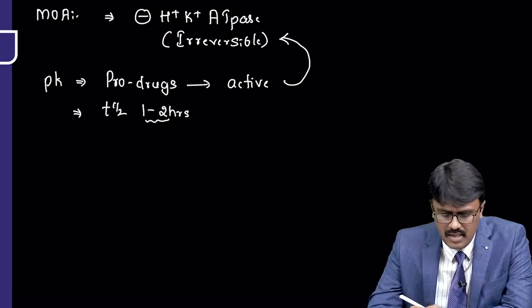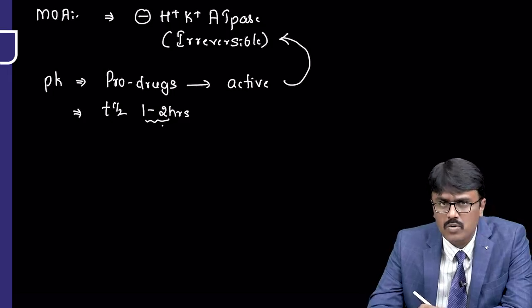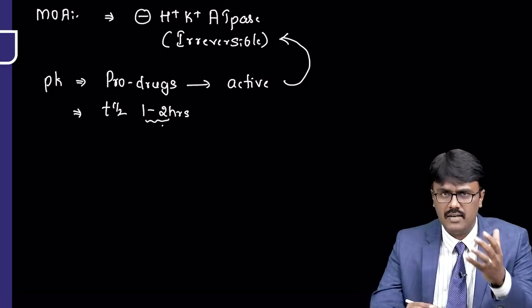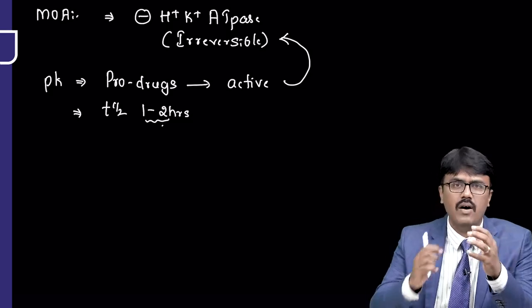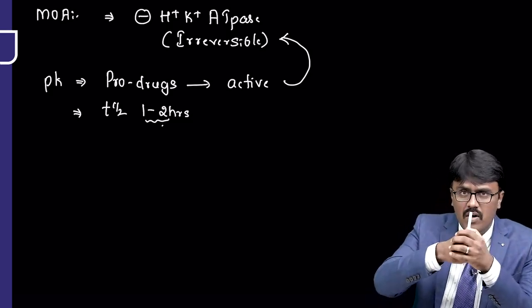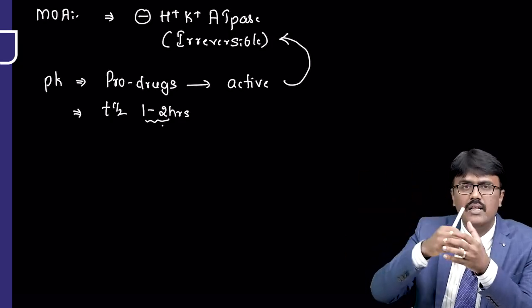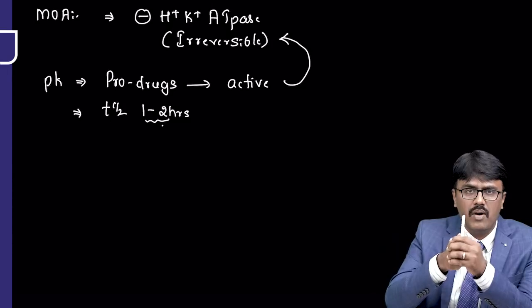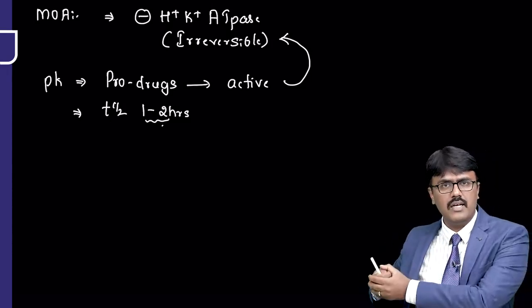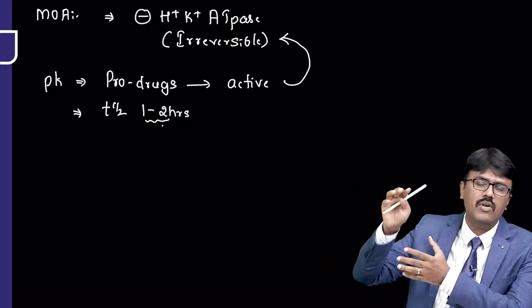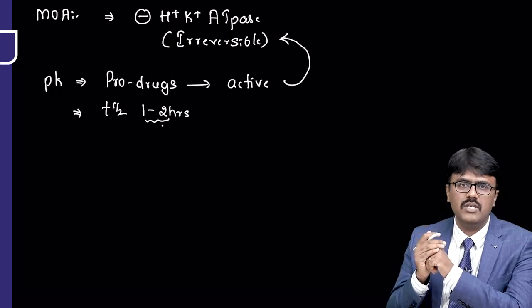How come? Even though their half-life is 1 to 2 hours, they inhibit the enzyme irreversibly. Suppose I give a proton pump inhibitor, they block the enzyme. Once they block the enzyme, to make one more enzyme it takes 1 day. So until then the pumps will be blocked and the pump will never come back. The enzyme is gone. So it takes time to come back, and again the pump should start working.